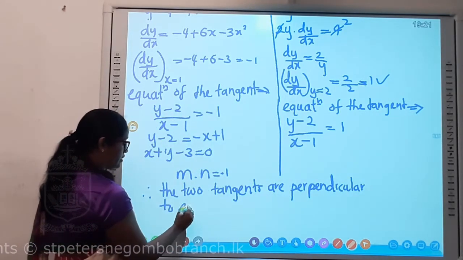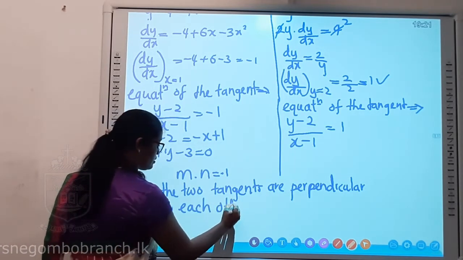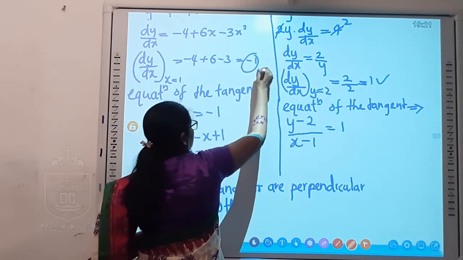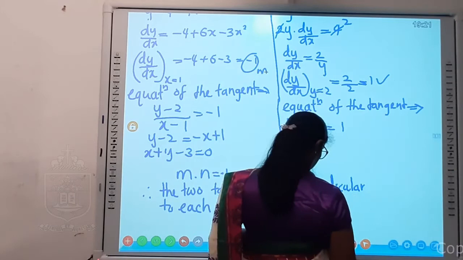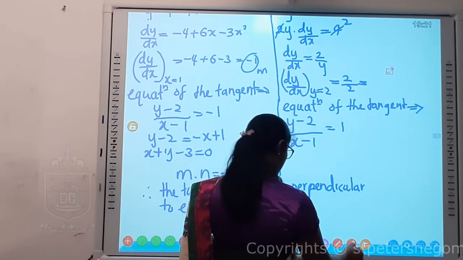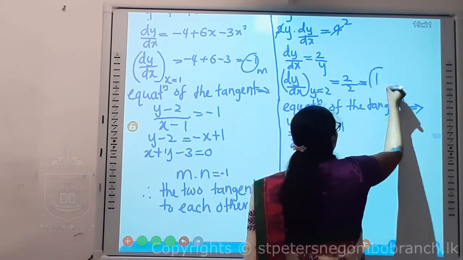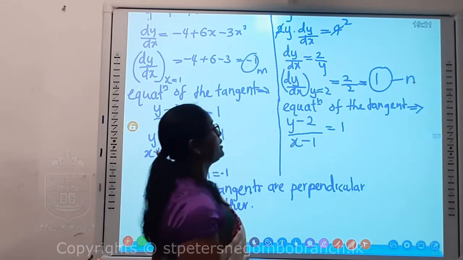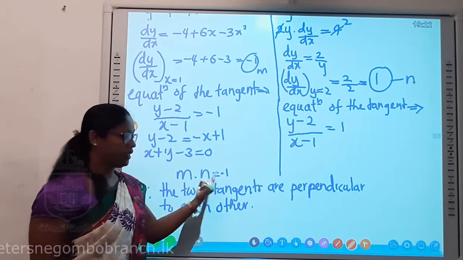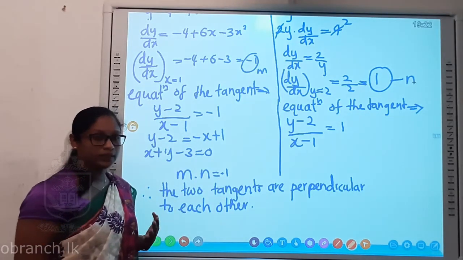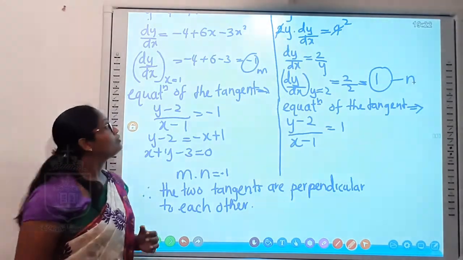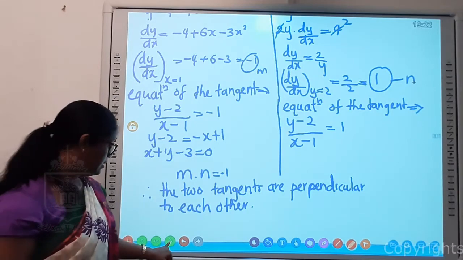Here I just highlight, if that gradient is m and that gradient is n, m times n becomes minus 1. Therefore, we can conclude these two tangents are perpendicular to each other. I hope you understood the procedure. We will move to the next question.